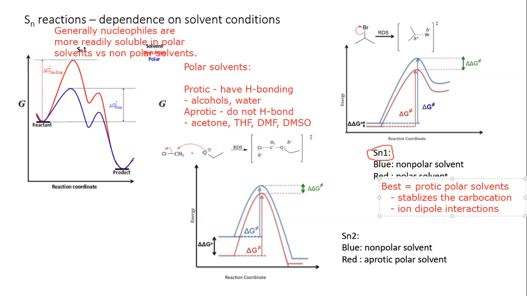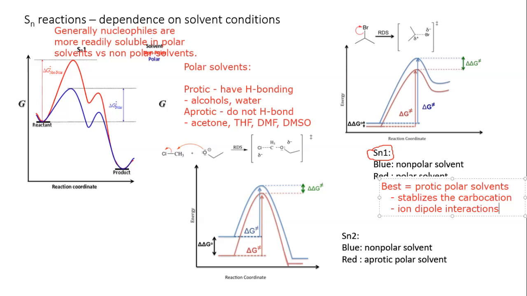If you have a protic solvent like water, remember water has hydrogen bonding, which is a dipole-dipole interaction. The carbocation has a positive charge, so it forms an ion dipole interaction with the solvent. In this case, it could be water or alcohol.